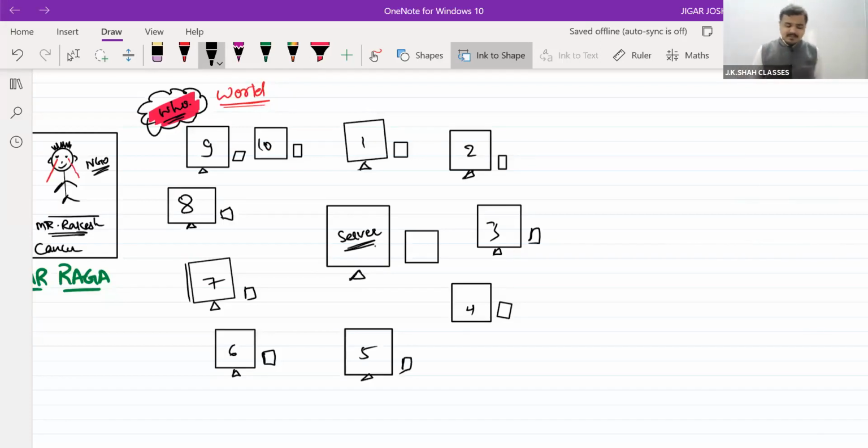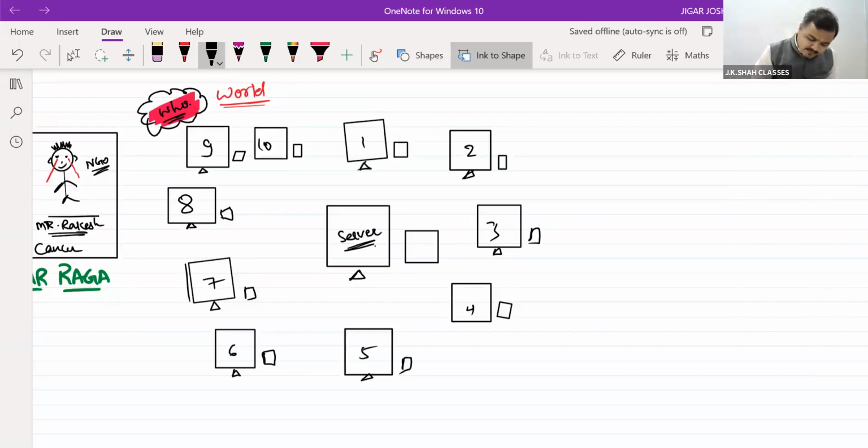Now, suppose, people, 10 people got gathered and they say, "Okay, Jigar Joshi, sir, please don't worry. During the idle time, we are ready to give our idle resources to be utilized by you so that you can get the work of data processing done from our computers." Possible? Yes, sir.